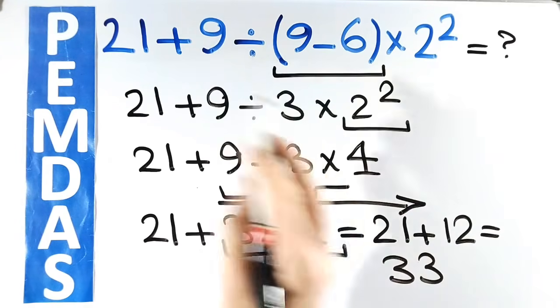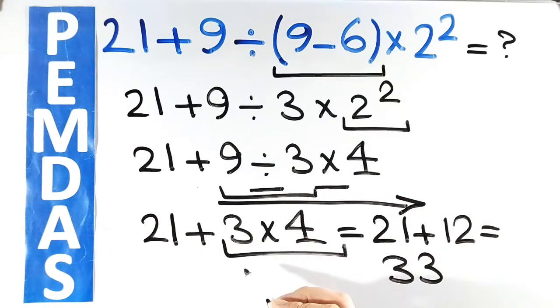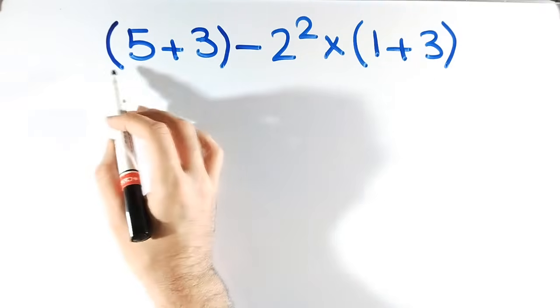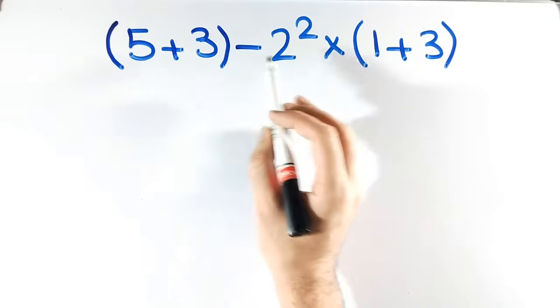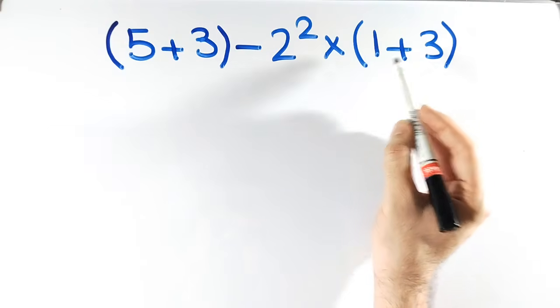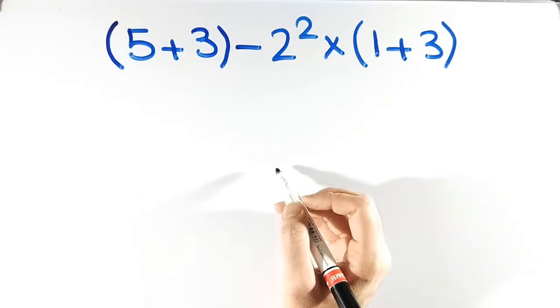Okay, now let's solve another math question together. What is the value of the expression (5 + 3) − 2² × (1 + 3)?